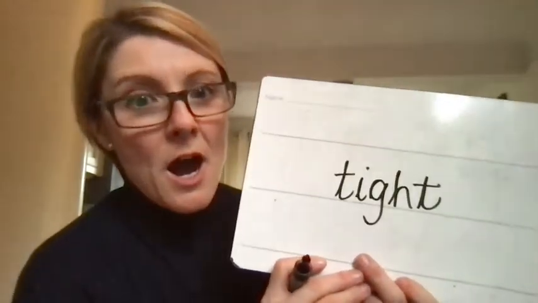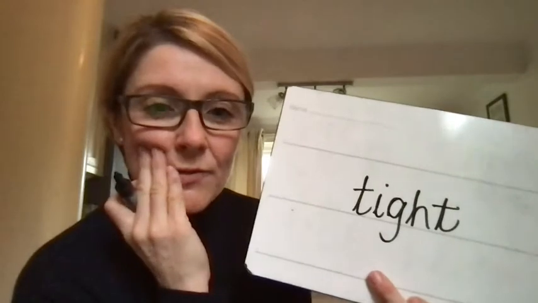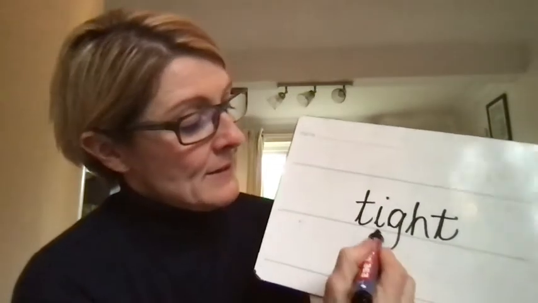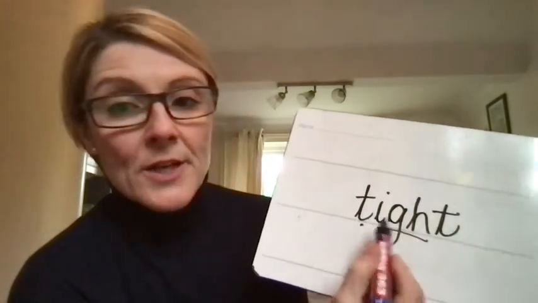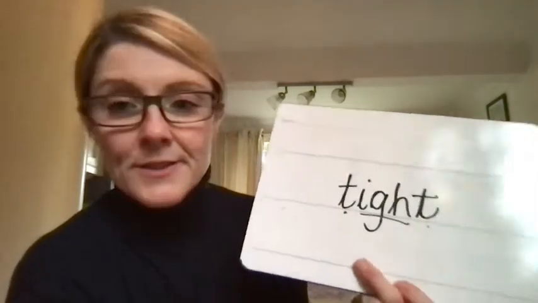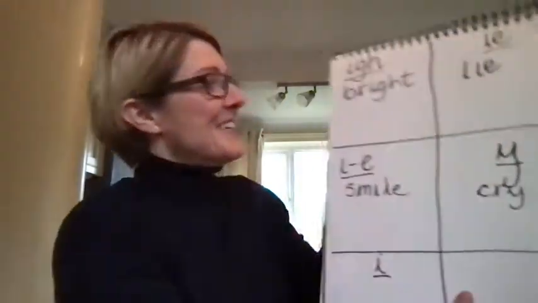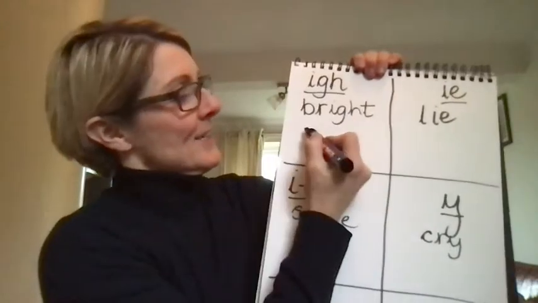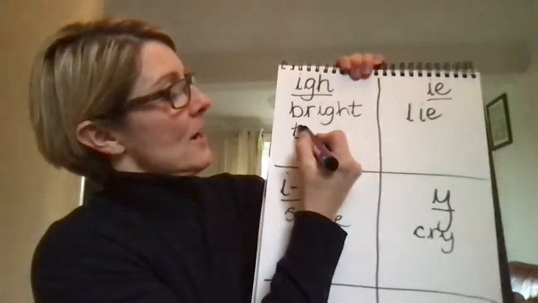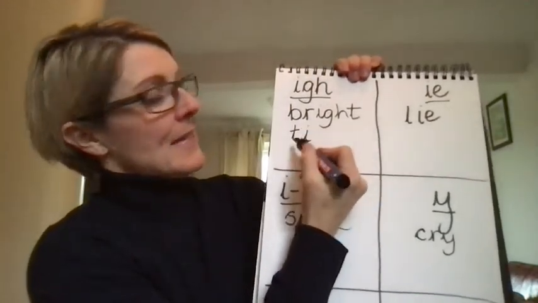So where is the I spelling? Looking for the I spelling. Tight. Tight. Oh, my jeans got too tight over Christmas. So tight. So write it on your piece of paper, saying the sounds as you write it.